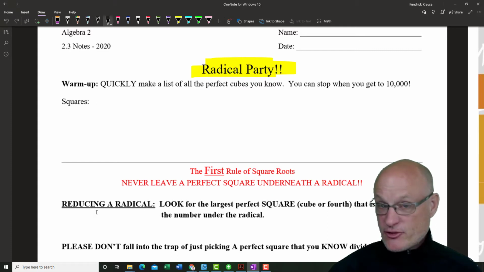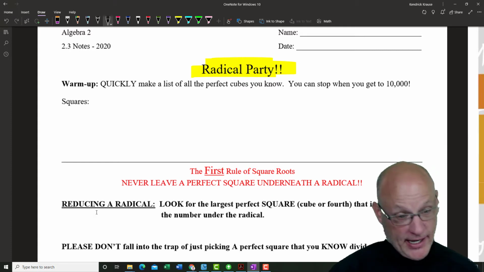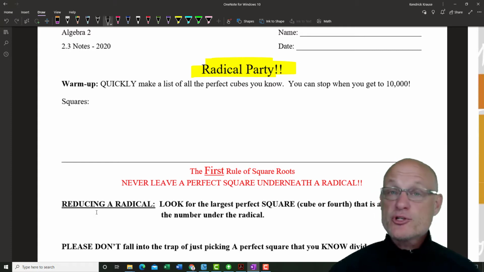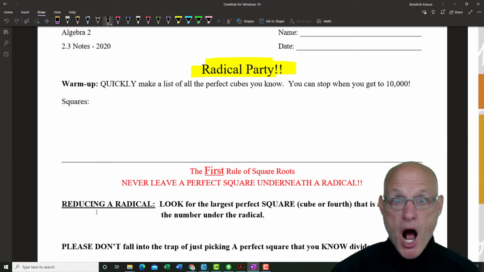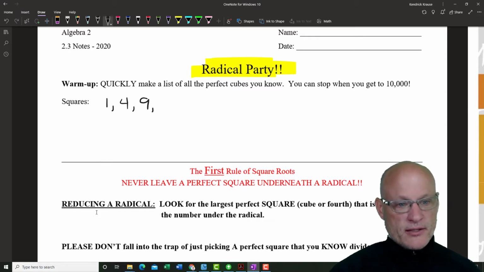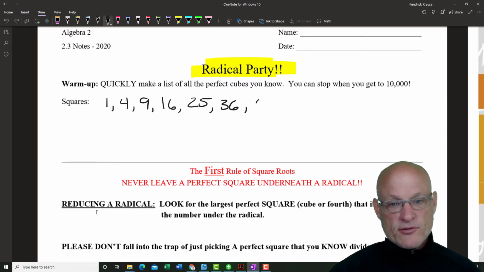If you had good teachers from previous, and I know you did, you should know all your perfect squares up through 10,000. Well, not quite. So let's go. 1 squared is 1. 2 squared is 4. 3 squared is 9. 4 squared is 16. 5 squared is 25. 6 squared is 36. 7 squared is 49. 8 squared is 64. 9 squared is 81.